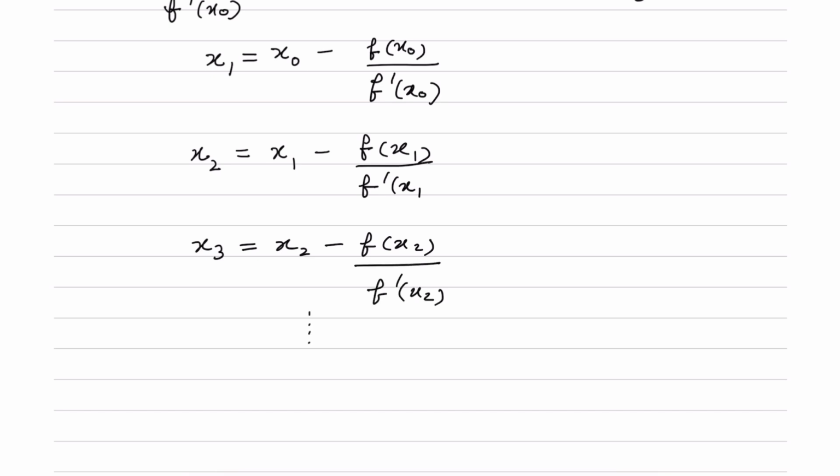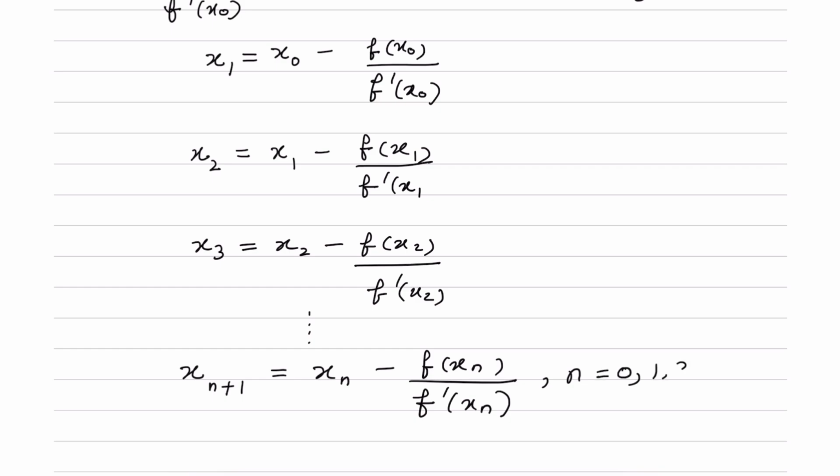So we can now write a general formula for the Newton-Raphson method. Xn plus 1 would be equal to xn minus f of xn over f dash xn, and here n is 0, 1, 2, 3.